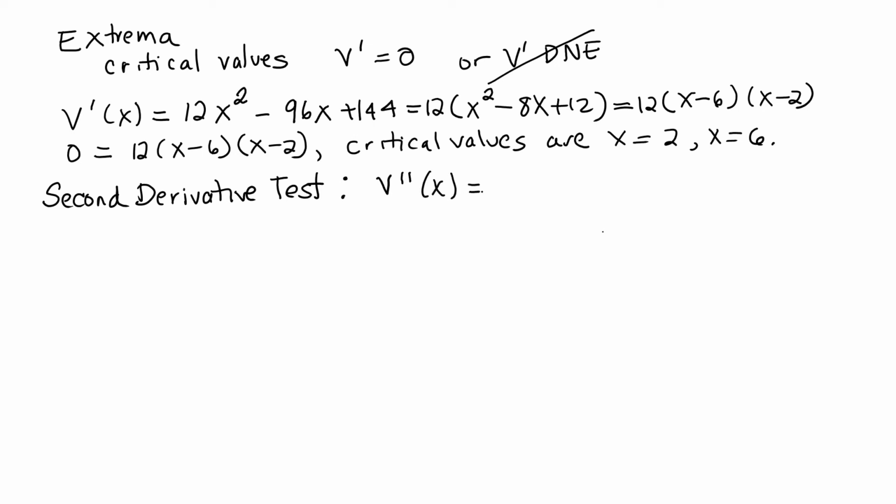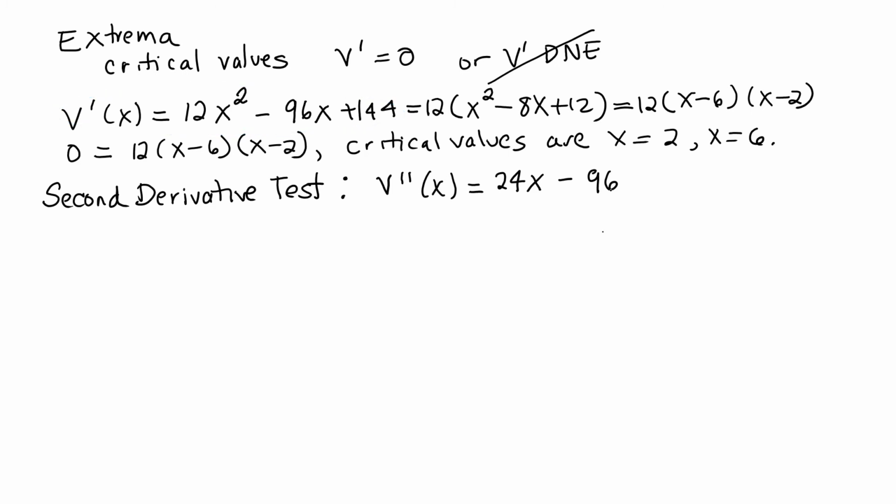V double prime of x is equal to, we're going to take the derivative of the derivative function. Derivative of 12x squared, bring the 2 down and multiply it to the 12, that makes it 24x, minus the derivative of 96x, that's just minus 96, and the derivative of 144, which is a constant, is just 0.